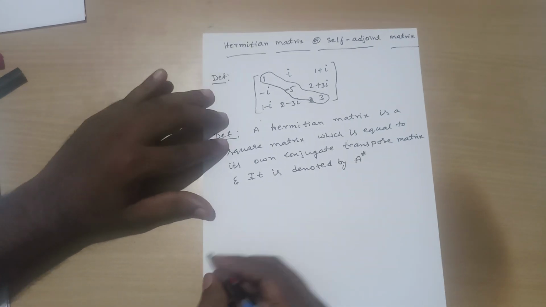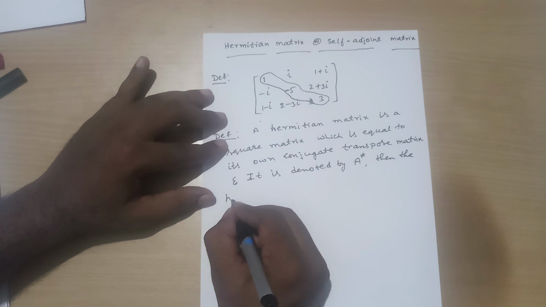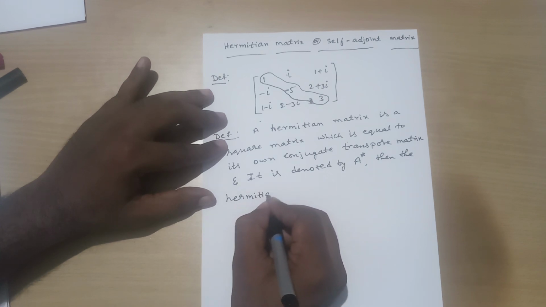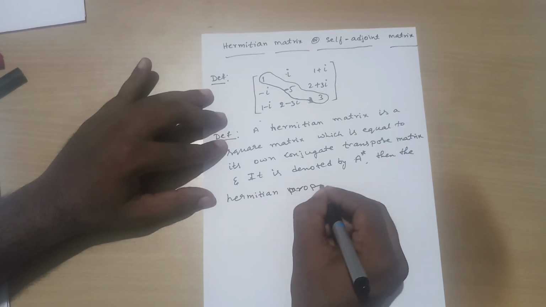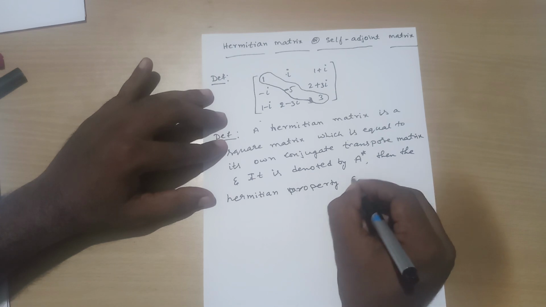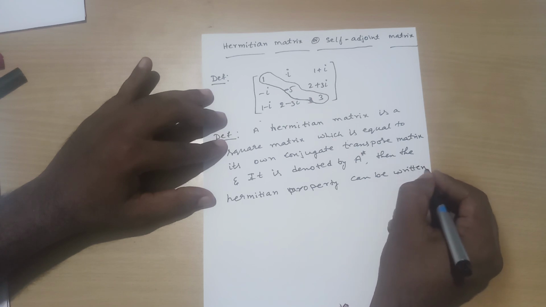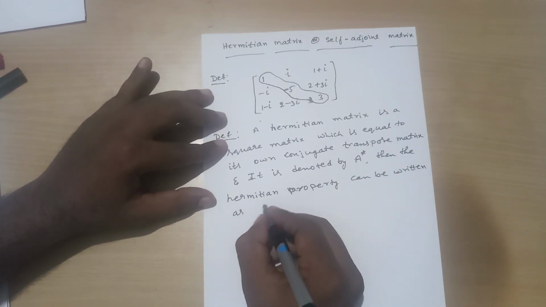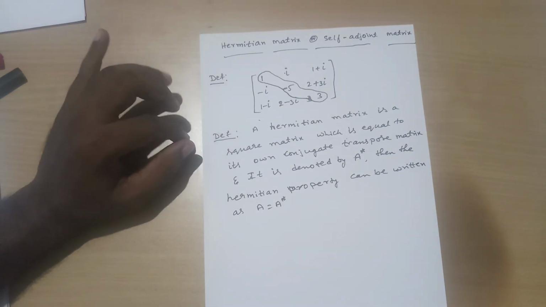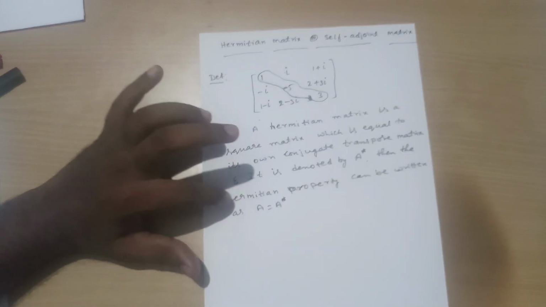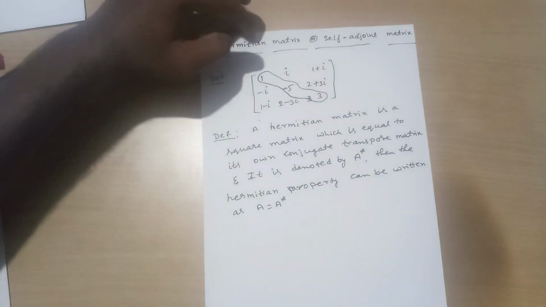Then the Hermitian property can be written as A equals A transpose conjugate, that is, A equals the conjugate transpose matrix. So remember, it is like a symmetric matrix.